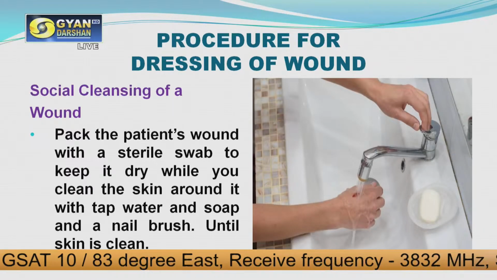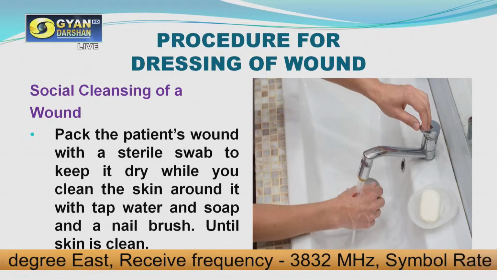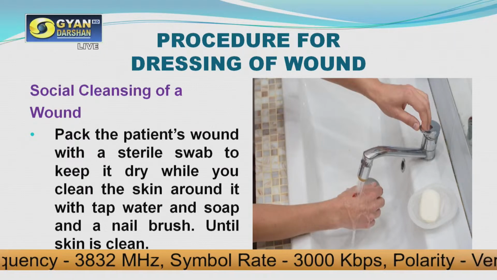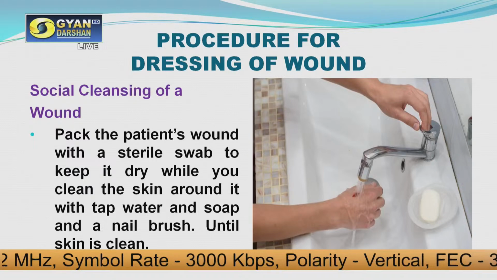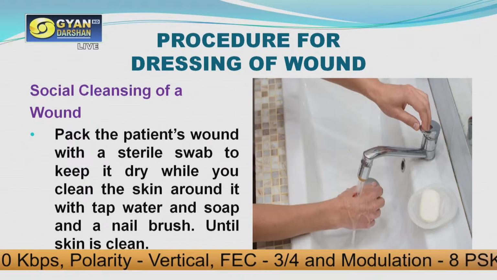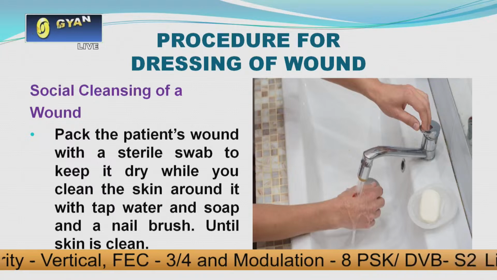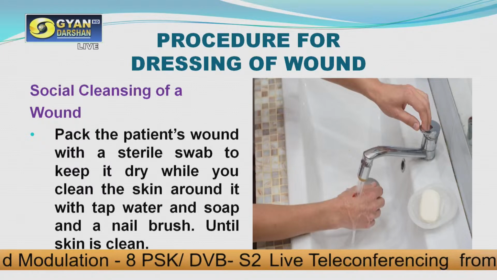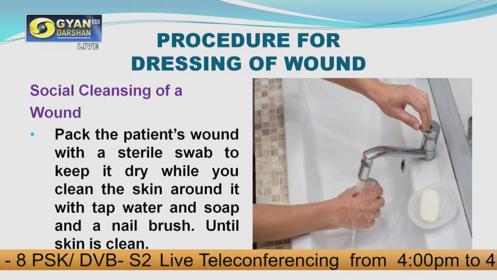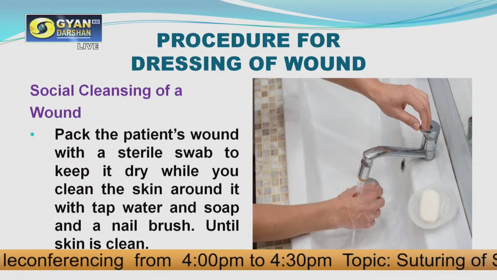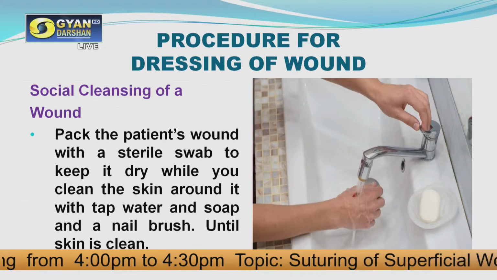So we have covered wound care and the types of dressings which can be used. Now let us see the dressing of the wound, or how to clean the wound. Social cleansing of the wound can be done anywhere the patient is. You need to pack the patient's wound with a sterile swab.